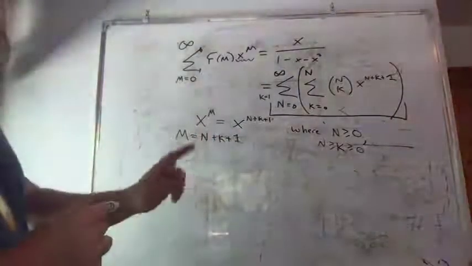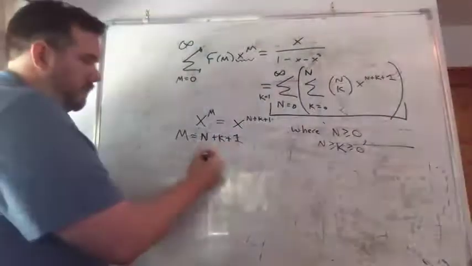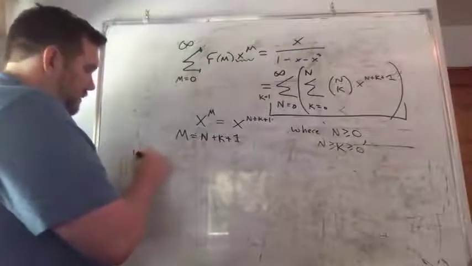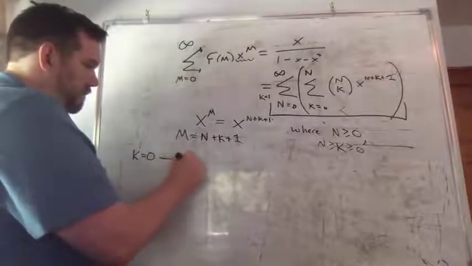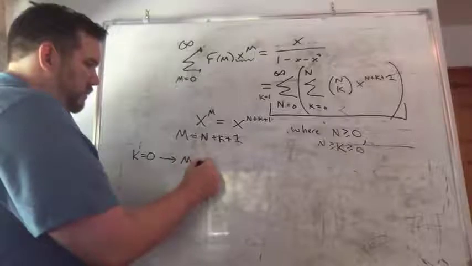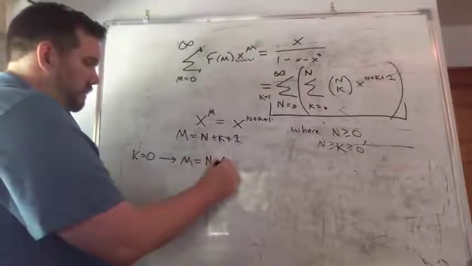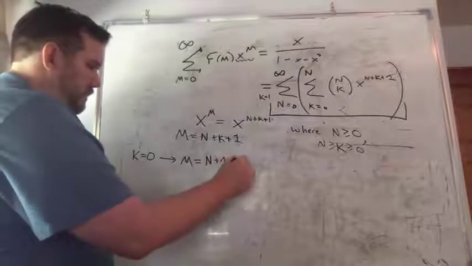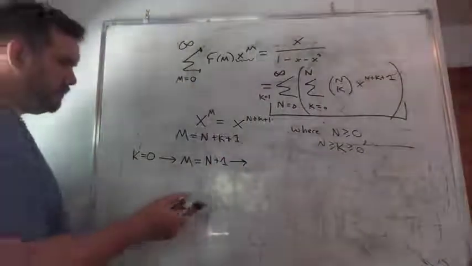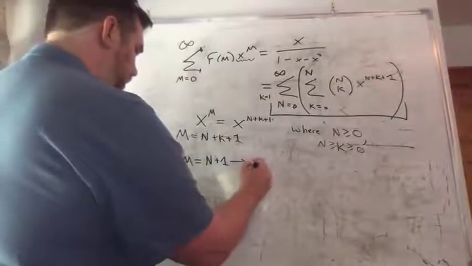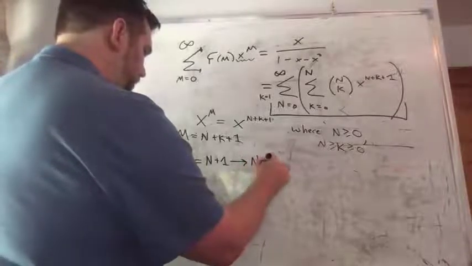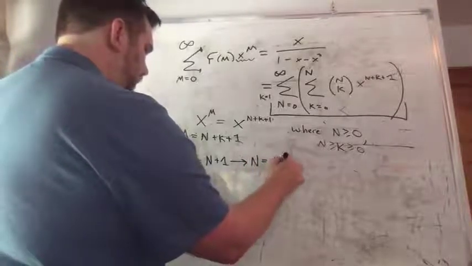So one possibility is that k is equal to 0. And if that's the case, then what you see is that m is equal to n plus 1. So n is equal to m minus 1.